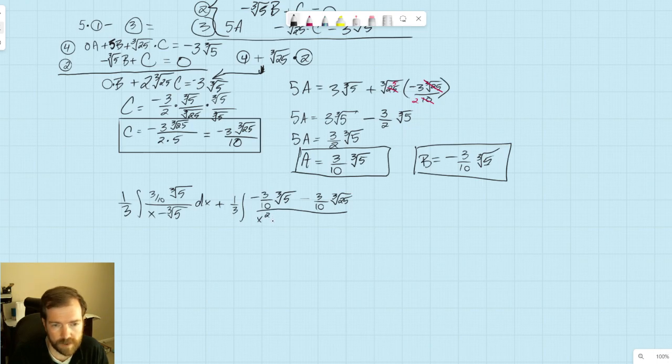So it's going to be x squared plus cube root of 5 x plus cube root of 25.